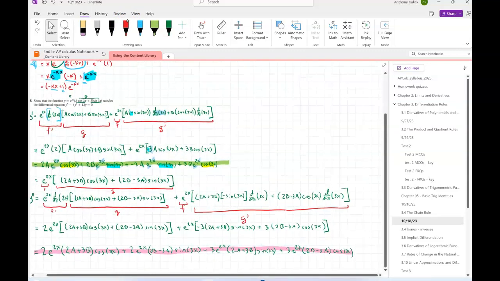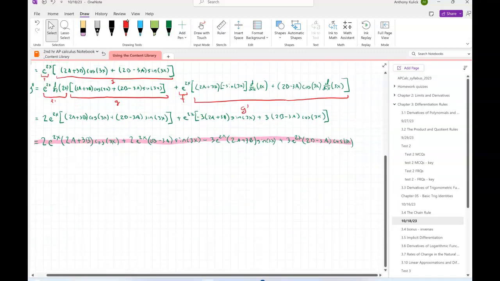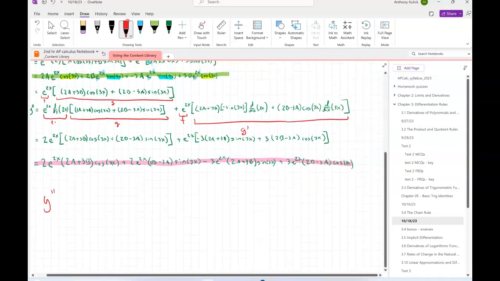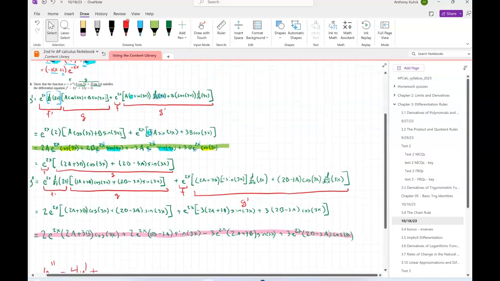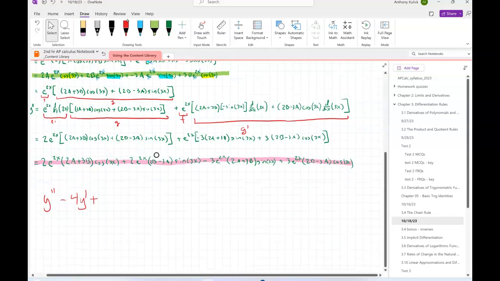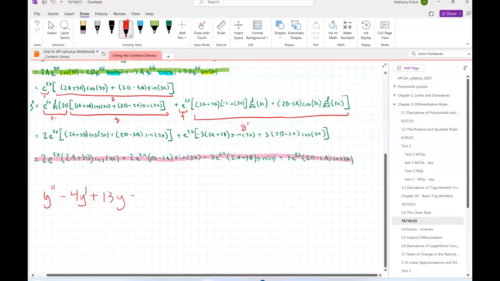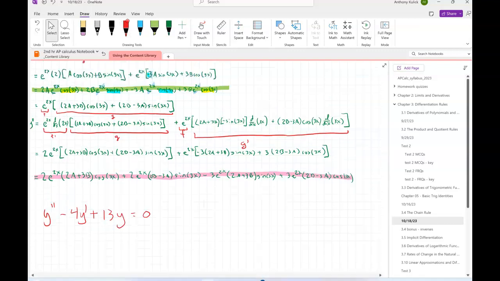And then we need to do y double prime minus 4y prime plus 13y equals 0. I'm sorry, plus.